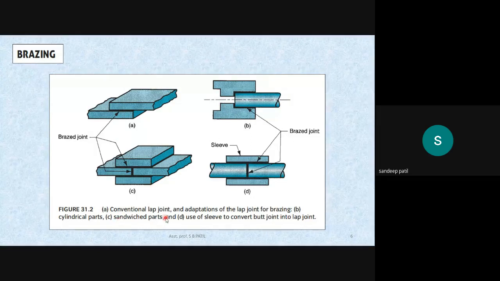Next, sandwich parts. You can see there are four parts: part number 1, top part, bottom part, 1, 2, this is the third part and the fourth part, and all these parts are brazed together along these different axes. Then the use of a sleeve to convert a butt joint into a lap joint. Here this is the butt joint, and this butt joint is converted into the lap joint by using these sleeves.